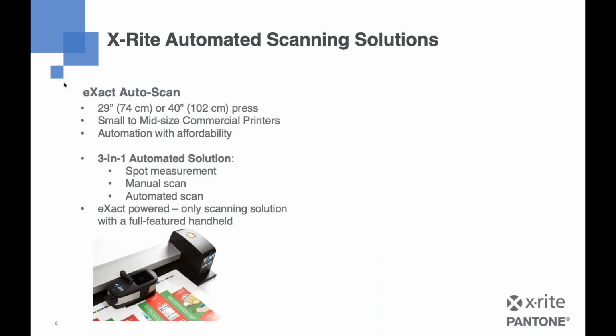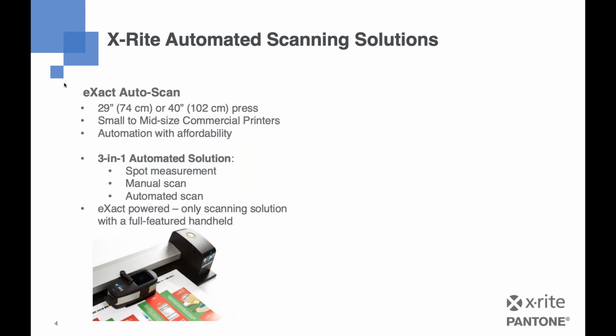Let me start first, just in case it hasn't been possible for you to attend the other webinars, with what we covered before, our automated scanning solutions. So X-Rite provides two different scanning solutions. One is the Exact AutoScan, which we introduced last year. This is intended for smaller to mid-size presses, and this is an automation which is more affordable, I would say.